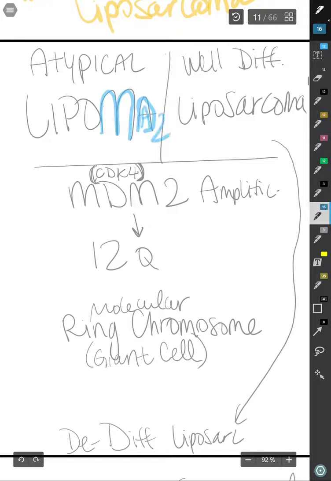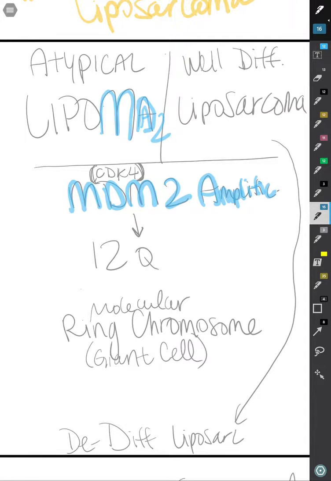So MDM2. And I'll show you a different way once I go over some of these other things, and that's an amplification here. Amplification. Another name that MDM2 goes by is CDK4, so if you see that, it's the same thing.